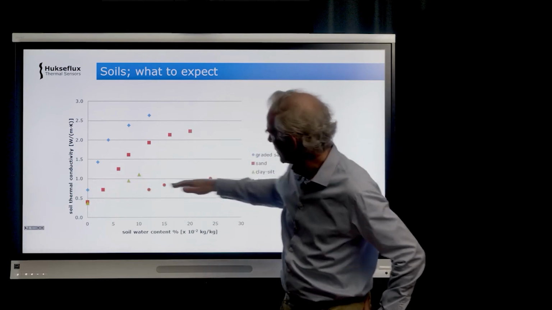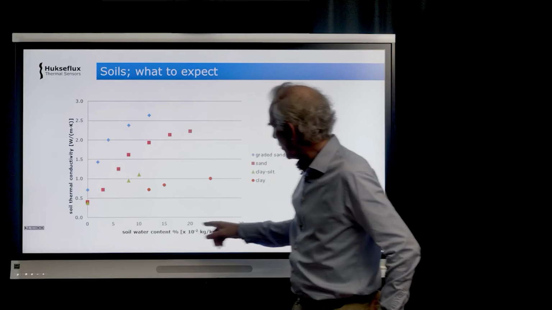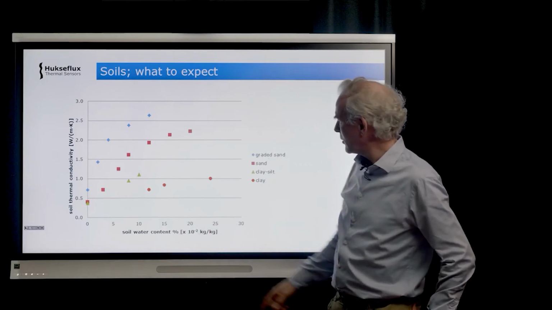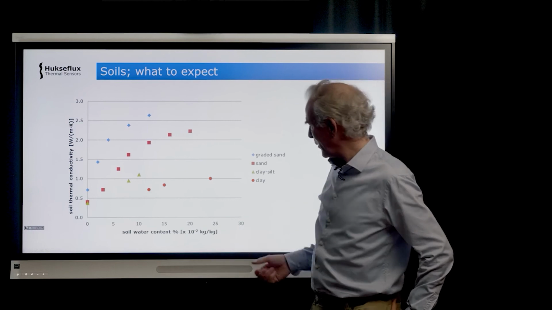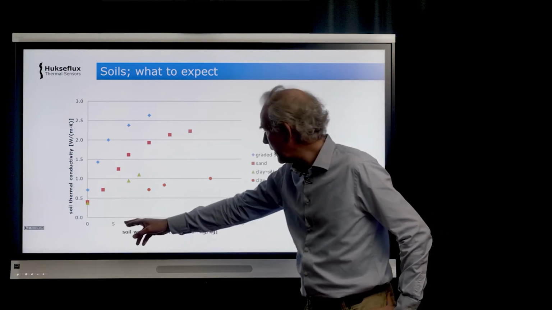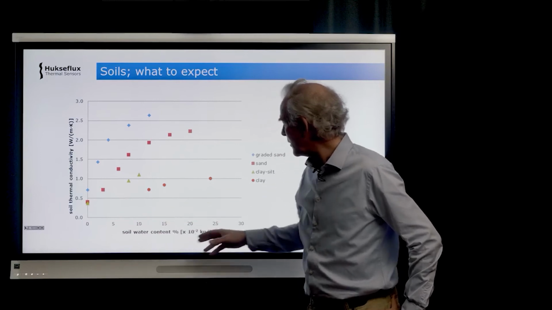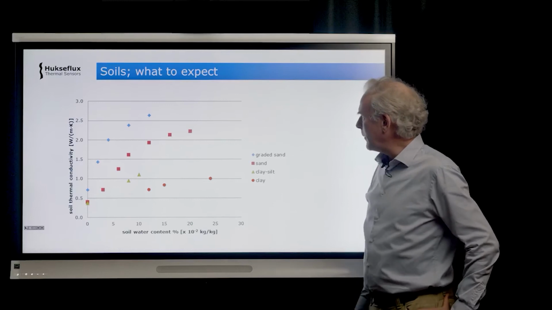Water is 0.6. On the horizontal axis, the soil water content, you could read it as percentage. So 5%, 10% by weight.